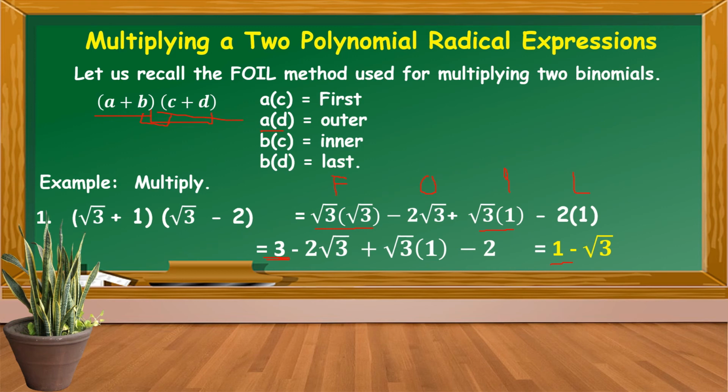Then, bakit naging negative square root of 3? Because negative 2 plus 1, that is negative 1 square root of 3, or just negative square root of 3. So, this is our final answer.